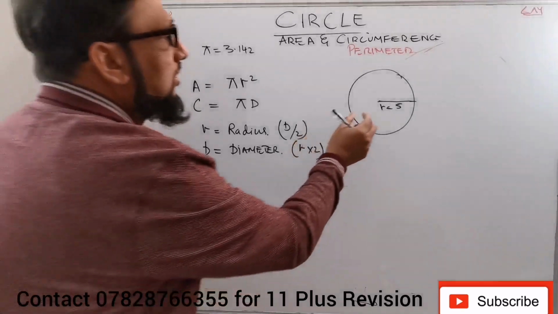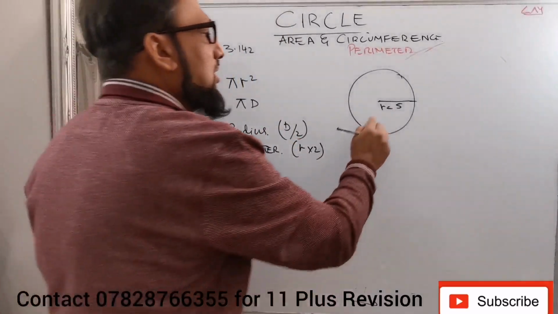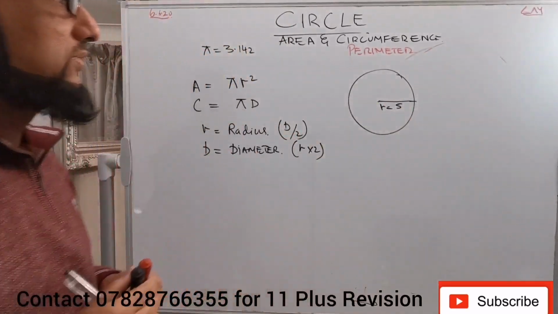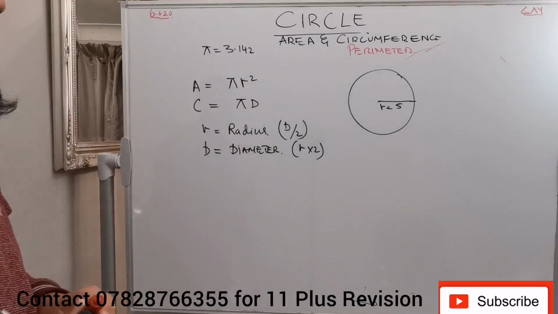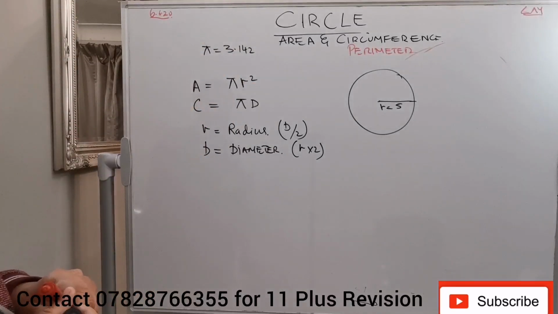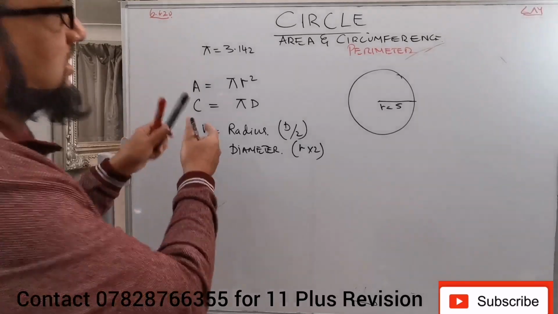Now they are giving you the value. The radius is 5, and we need to work out the area of the circle. Very simple, you just plug in the value.